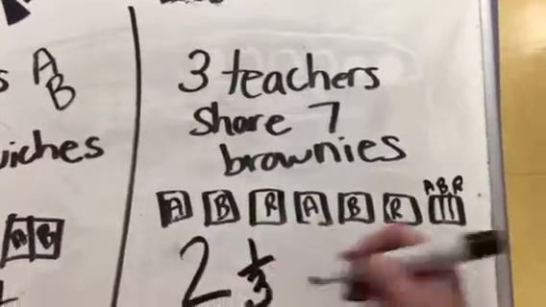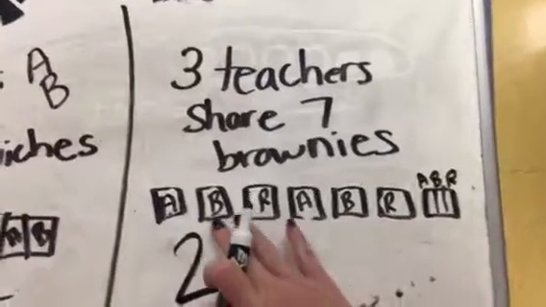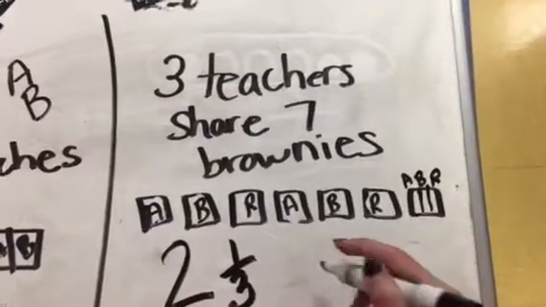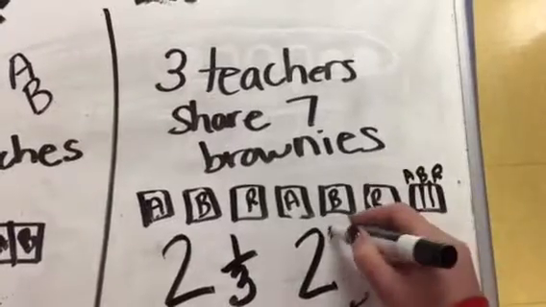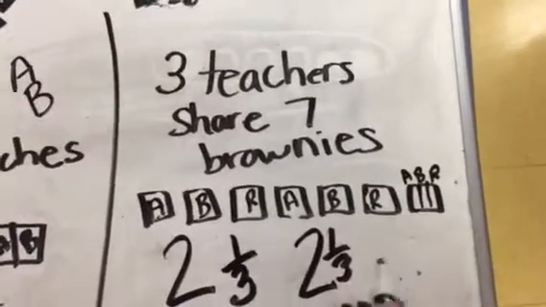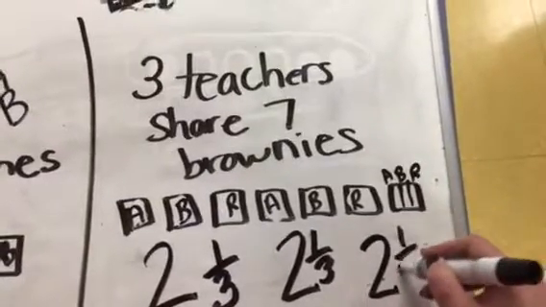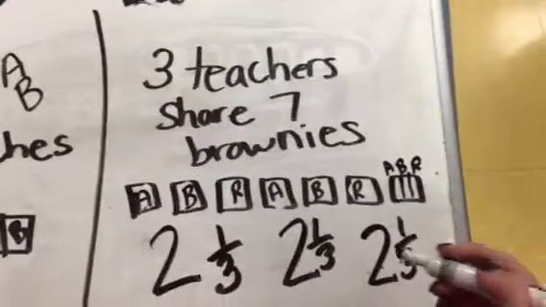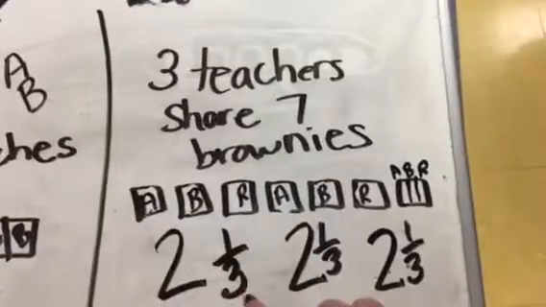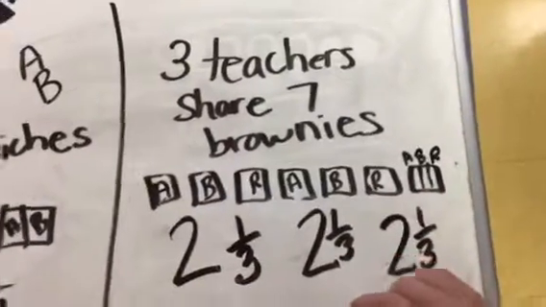So 2 wholes and 1/3. How much did I get? 2 wholes again, and then I got 1/3. How much did Miss Rather get? 2 wholes and 1/3. So it worked out evenly. We all get 2 whole brownies and then 1/3 of that last one. When we do these sharing problems, we always want it to be equal.